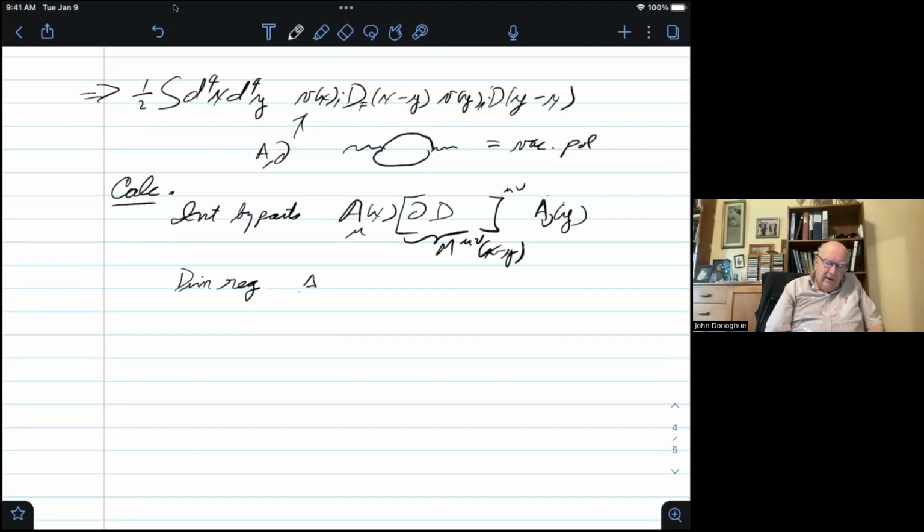If I have a Feynman propagator, d mu d nu, Feynman propagator, this ends up being some function of, it's actually d times the derivative mu derivative nu minus g mu nu box acting on just the scalar propagator squared.